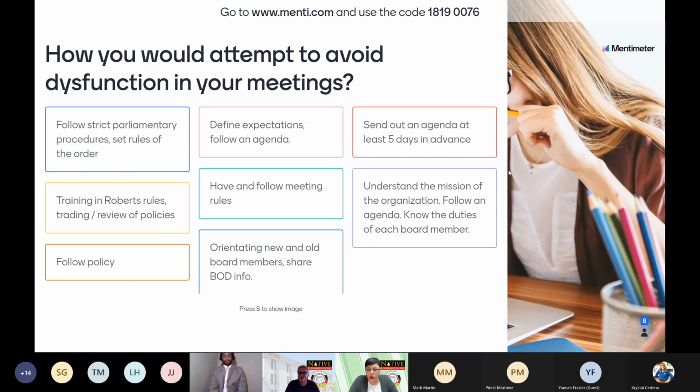Preston mentioned use points of order. Darlene mentioned refer to policy when in doubt. And she also added tribal council protocol and reports. Let me comment real quickly on all three. Preston's comment, use point of order. If you're not familiar, point of order is a parliamentary procedure included in Robert's Rules of Order.